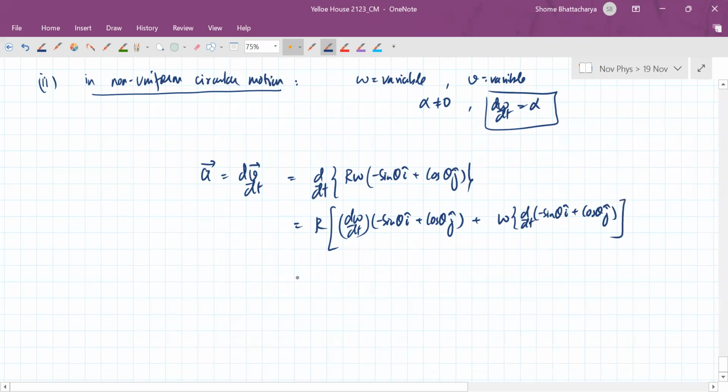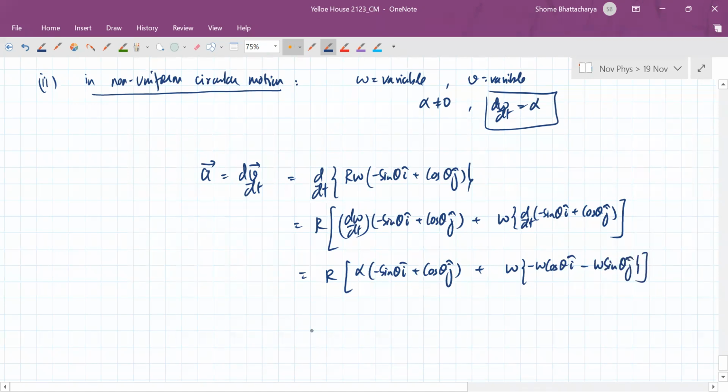So when we carry out this differentiation, we'll see that this is by definition alpha, and alpha is getting multiplied by this term, which is nothing but the tangential unit vector. But the second term here is the same as what we derived last time. So this is minus omega cos theta i cap minus omega sine theta j cap. So that is the centripetal component.